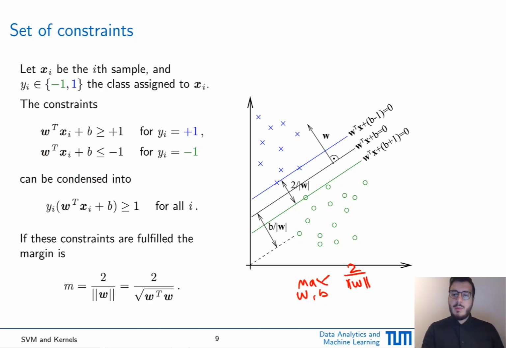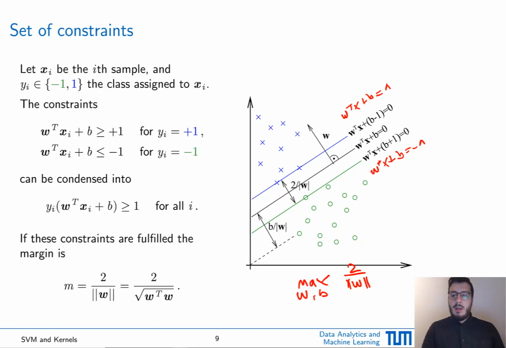If we look at this particular line, we can slightly rewrite it as w transpose x plus b equals 1, because we've basically moved the 1 on the other side. And the 1 below we can also slightly rewrite as w transpose x plus b equals now minus 1, because we moved the plus 1 to the other side.